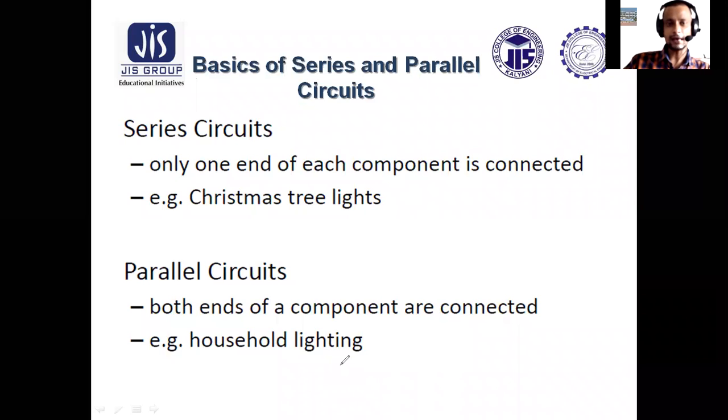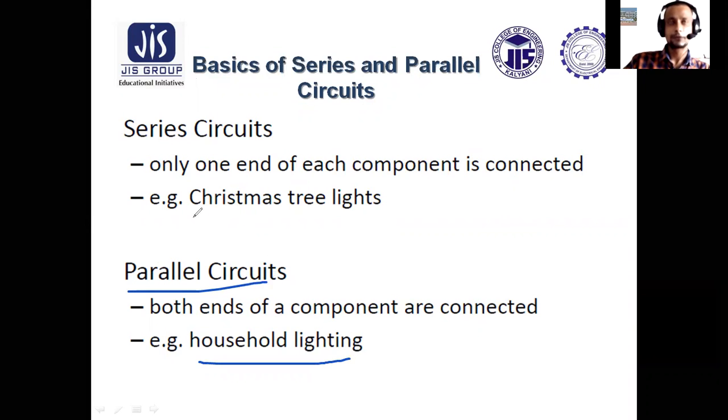As we know, all these devices have different power ratings, so different currents should flow through these devices. This is possible if all these are connected in parallel combination. So for household application, parallel circuits are used.